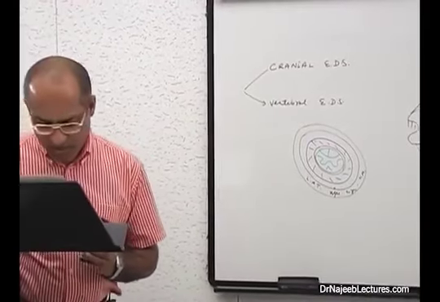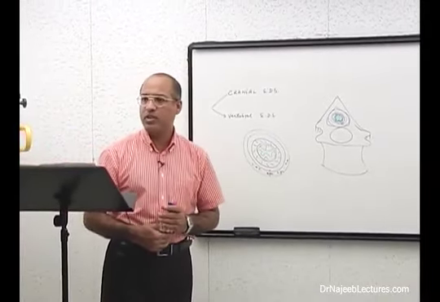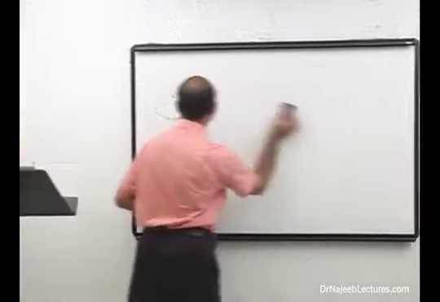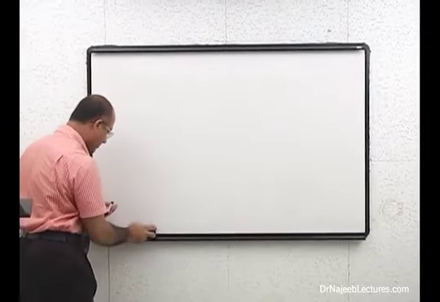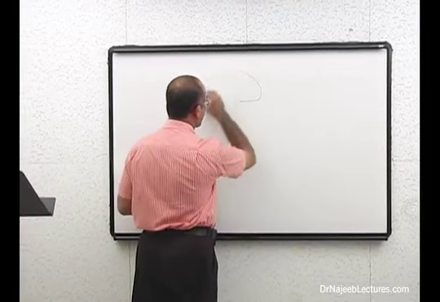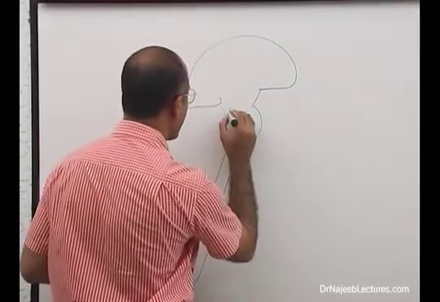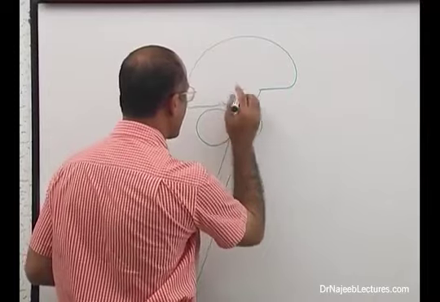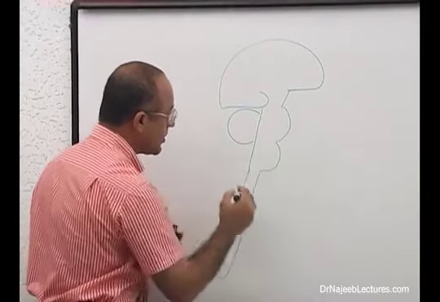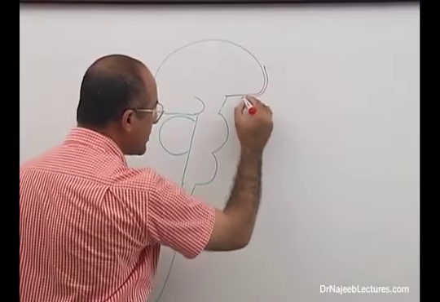Right. After this, we come to some CSF filled enlarged areas. They are called subarachnoid cisterns. Let me tell you what subarachnoid cisterns are. Now, the pia mater is throughout coming like this with it, right?